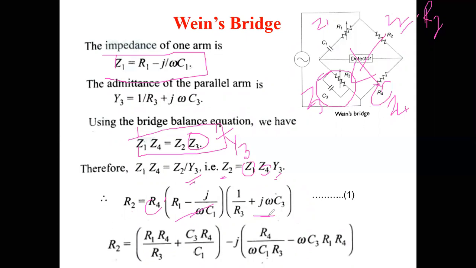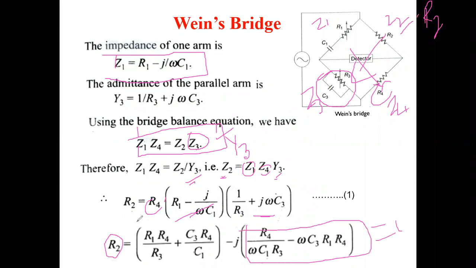Now multiplying the terms, we segregate the real parts and the imaginary parts, and equate them on both sides. On the left side we have only the real part, there is no imaginary part, and therefore the imaginary part should be taken as 0.